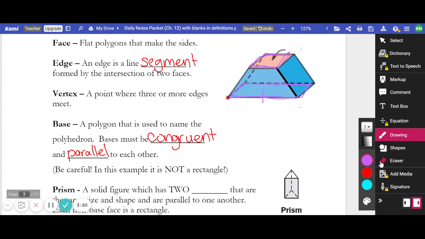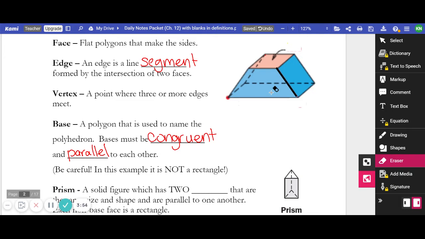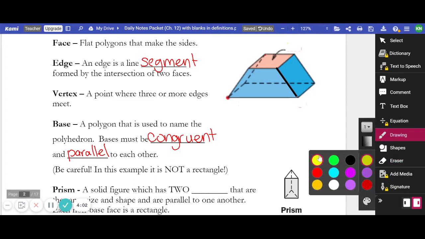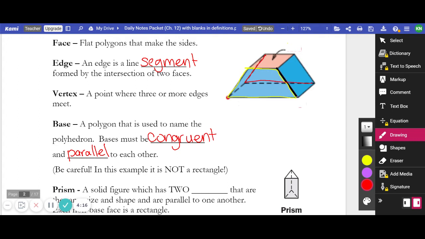What is the base in that shape? What are there two of that are congruent and parallel? Can you see it? It's kind of tough. It's actually this trapezoid. There's a trapezoid in the front, and, let me change colors, there's a trapezoid in the back.